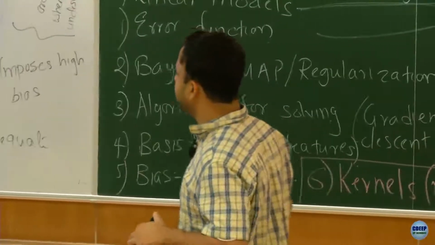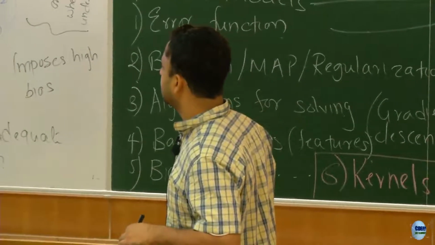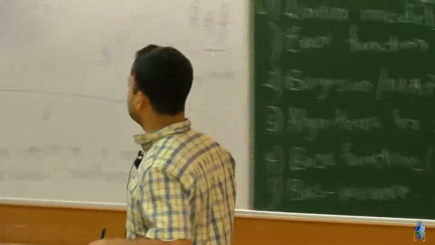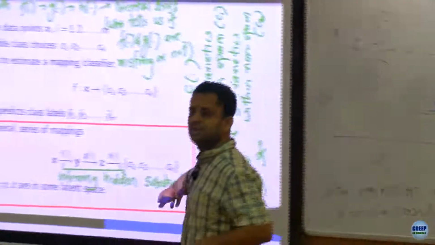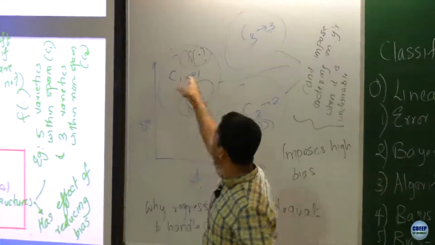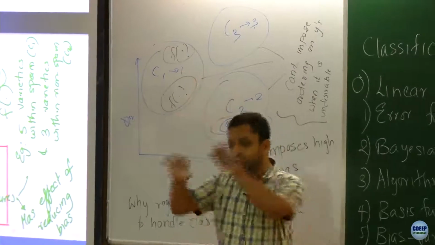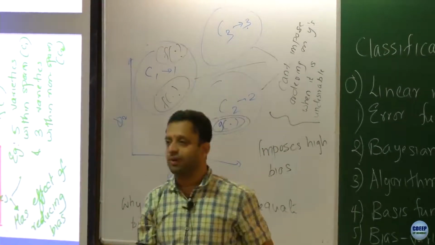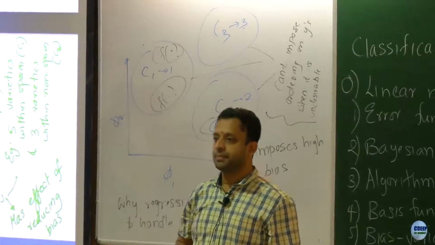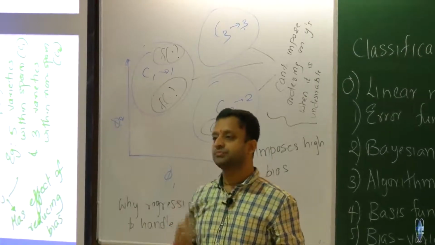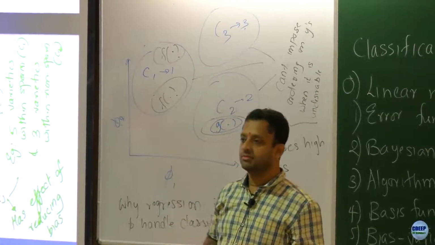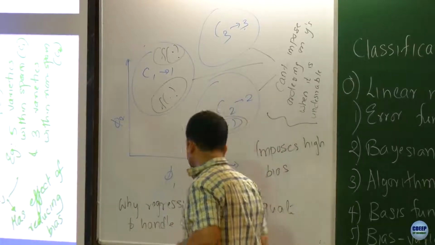Where did I say F is a subset of C1? Here. It's not a subset. I'm just saying that F takes you to some space within C1. So it's possible that these classes are overlapping.